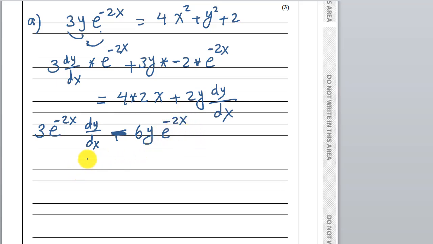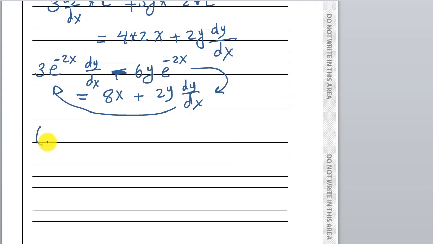This part was equal to 8x plus 2y dy/dx. Let us bring this part to the another side and bring this one to this side. So we will have (3e^(-2x) minus 2y) dy/dx equal to 8x plus 6y e^(-2x).